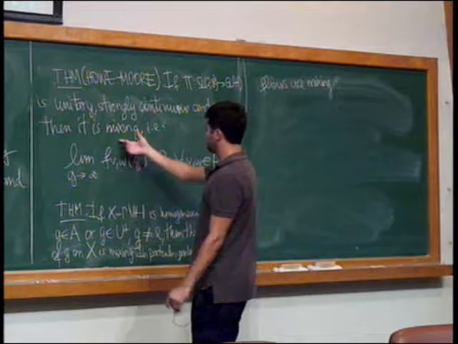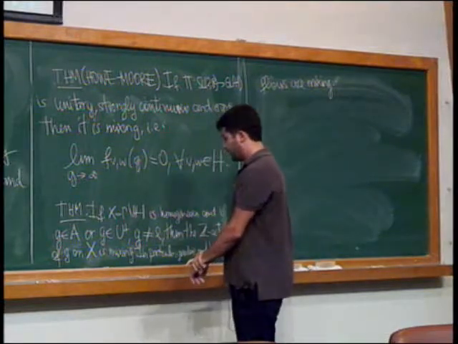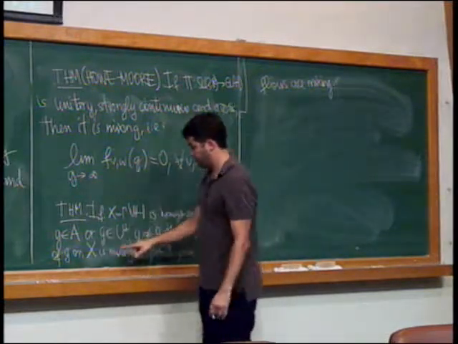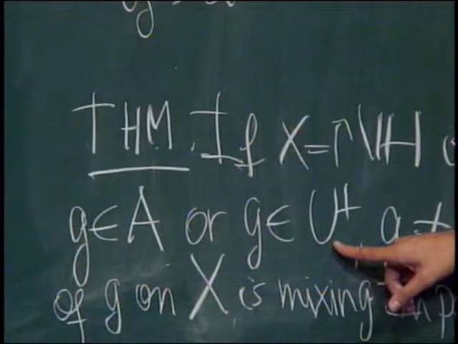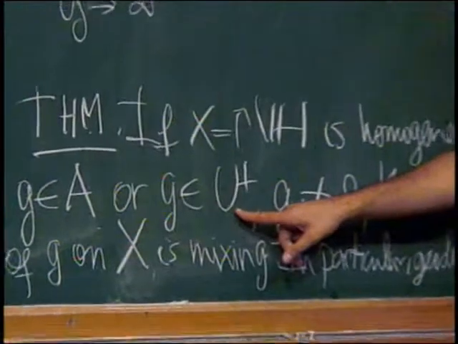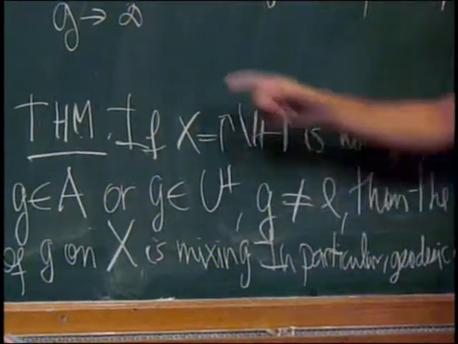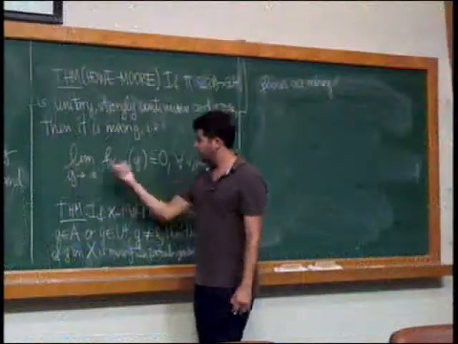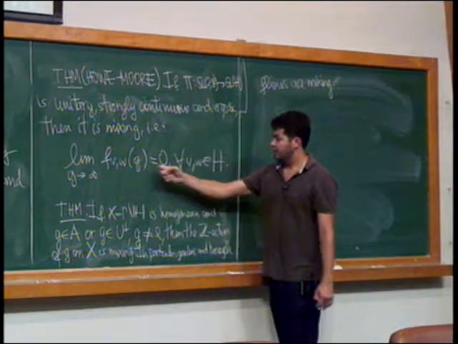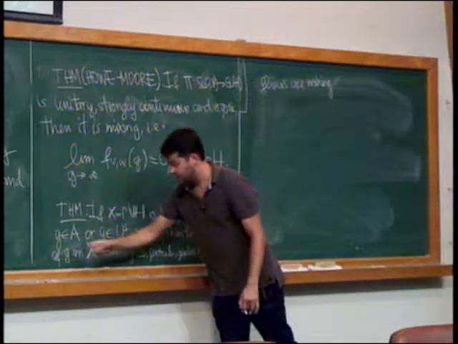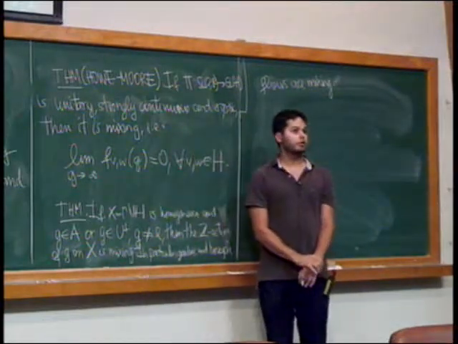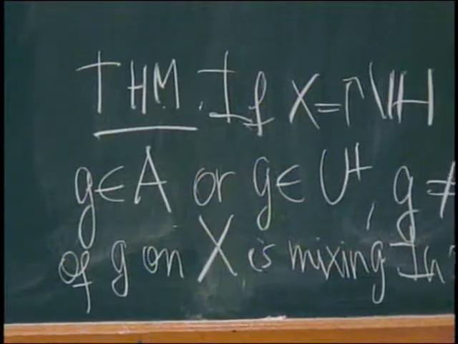So the conclusion is that it is mixing. But you can check that if g belongs to A or g belongs to U plus, the powers of g are going to infinity in the group SL2R. Because they are going to infinity in the group SL2R, it means that the limit of this expression here is 0. And once the limit of this expression is 0, it means exactly that g is acting in a mixing way on your space. Okay?